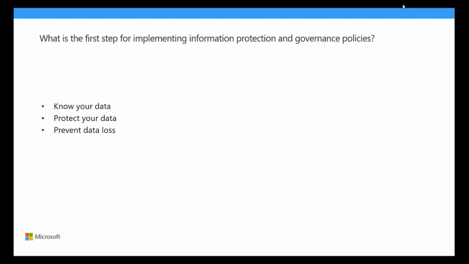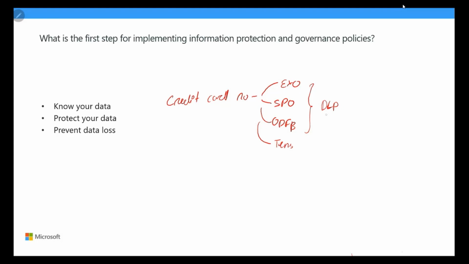For example, if I don't want my users to be sharing any credit card numbers using platforms like Exchange, SharePoint Online, OneDrive for Business, or Teams, I'll create a DLP policy that will prevent this kind of sharing. But for me to create a DLP policy, I first have to understand what sensitive information I'm trying to protect. For that, I have to classify the data as sensitive information. In this case, it is credit card numbers.